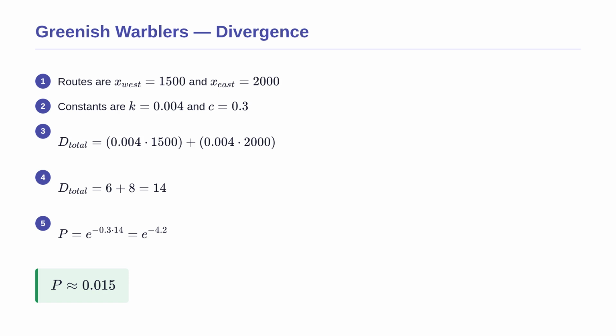Adding them together gives a total genetic distance of 14 units. Next, we plug this combined distance and a sensitivity constant of 0.3 into our probability equation. The result is approximately 0.015. Physically, this means there is only a 1.5% chance of them interbreeding.